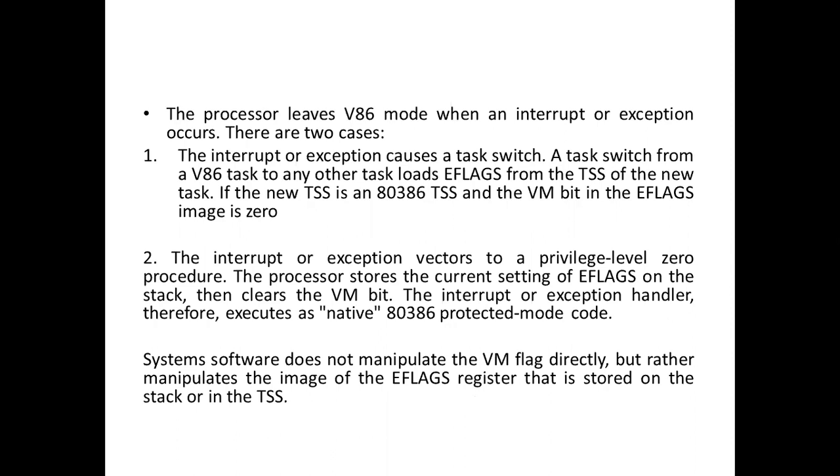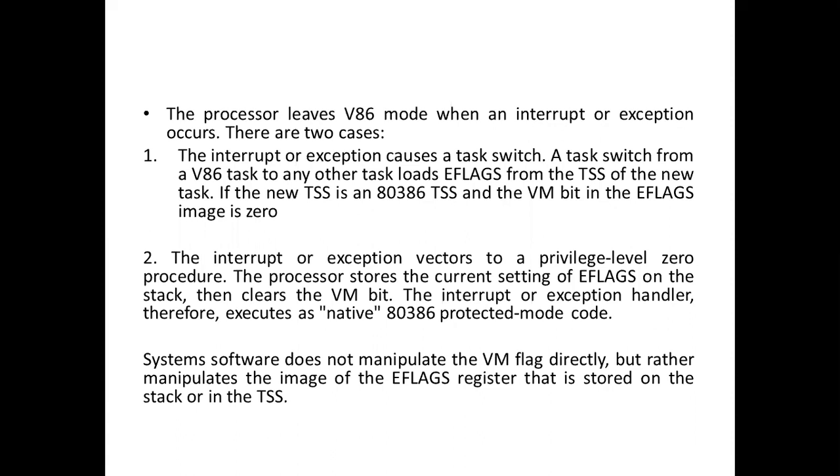Now, when the processor is leaving V86 mode, it is because of an interrupt or exception. So that is one part of the diagram we can see. Another part is when it is left due to interrupts and exceptions.